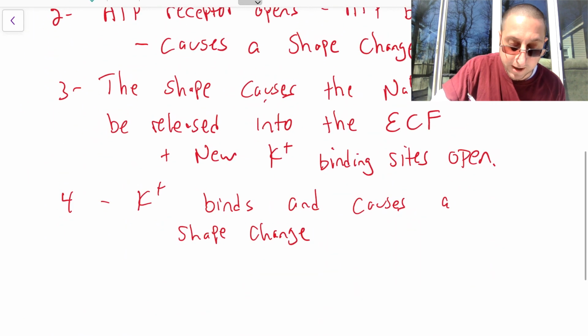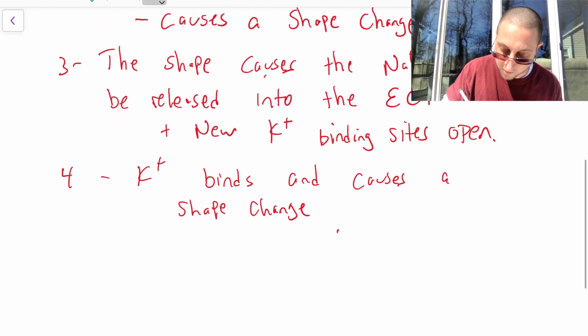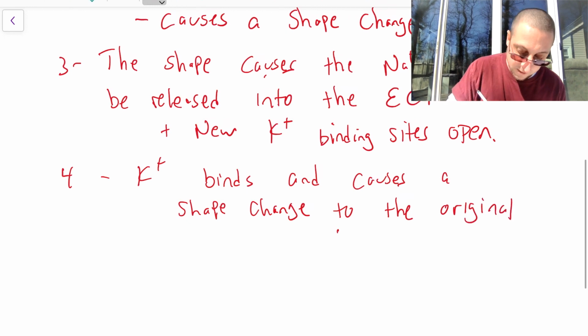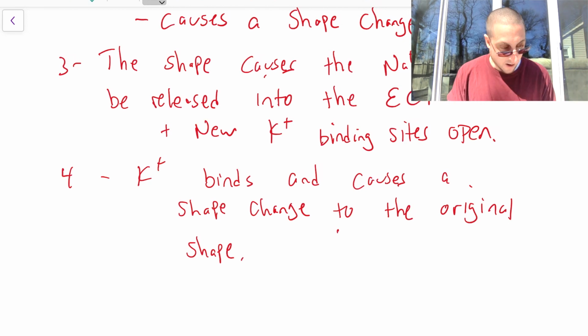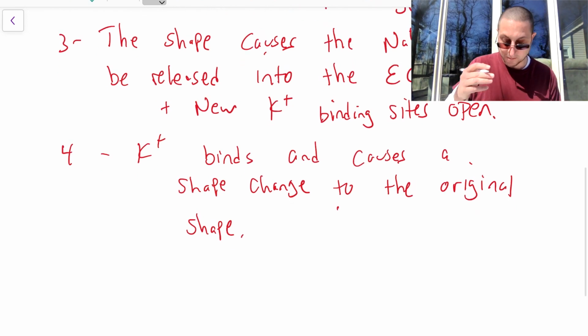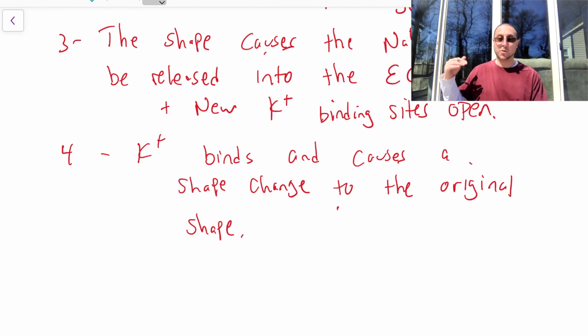So this causes a shape change to the original shape, or conformation, or configuration, whatever you want to call it there. Alright, so it brings the potassium inside. You lose a net charge of +1, keeping that negative.